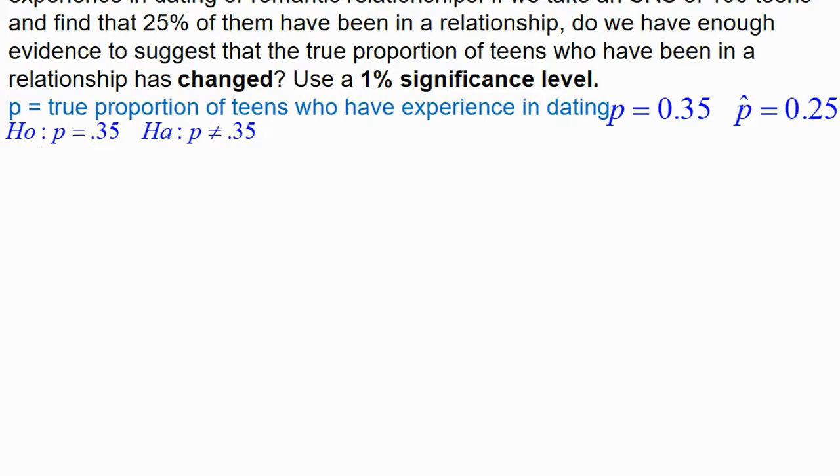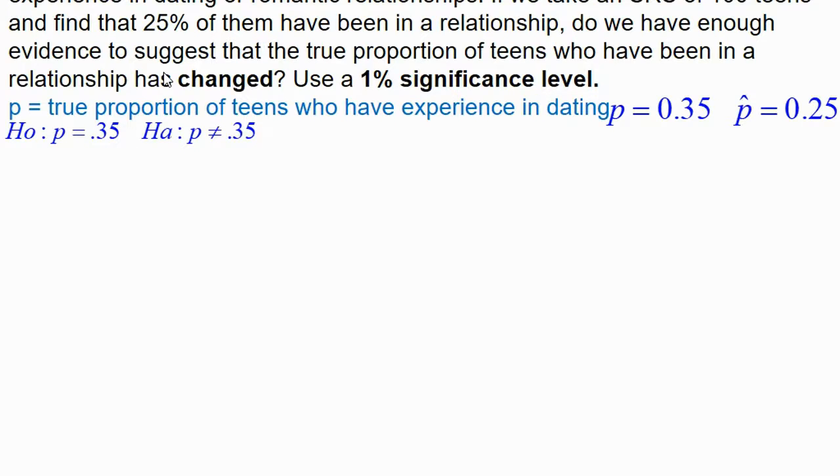That's how you're supposed to write it, H with the subscript of 0 or O. And then you put P equals 0.35 because your hypotheses are always about the parameter P. And they always talk about the population parameter. So we're assuming that the research center is correct. And we're assuming that 35% of teens have experience in dating. So put P equals 0.35, and that's called the null hypothesis.